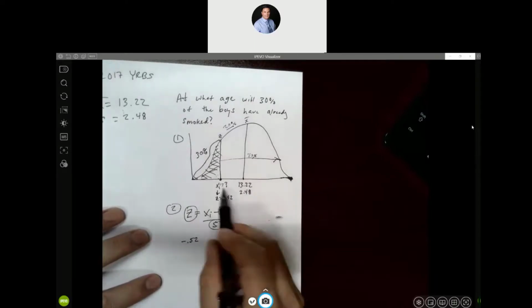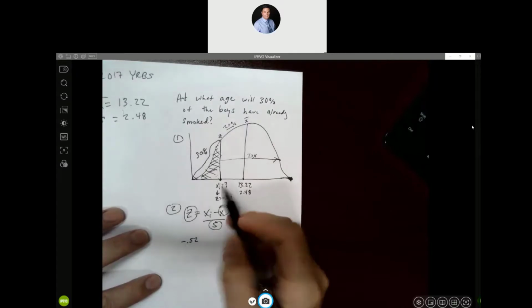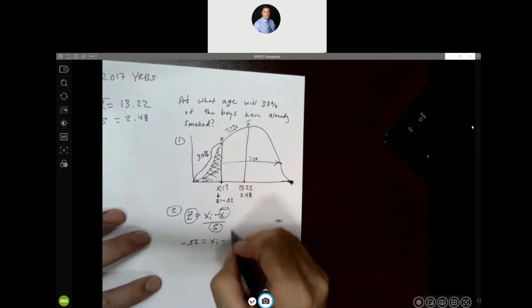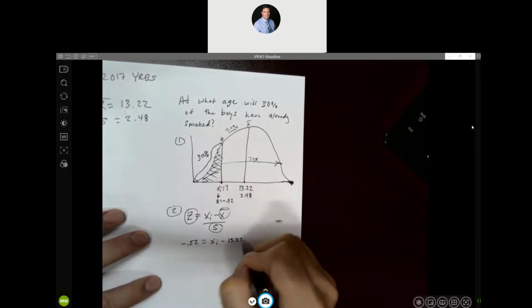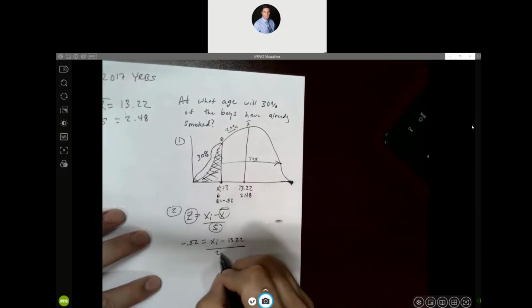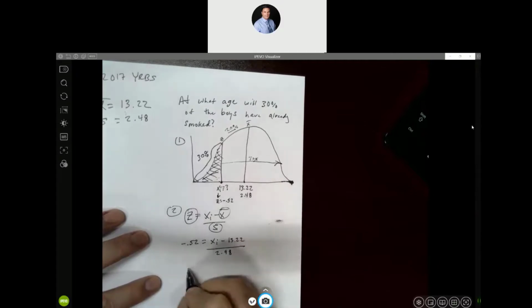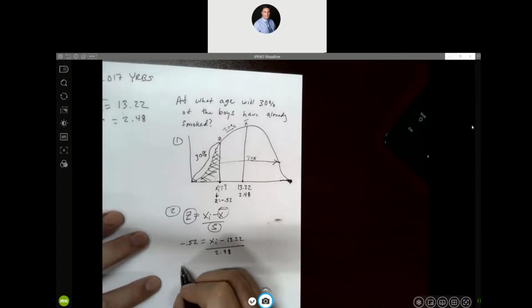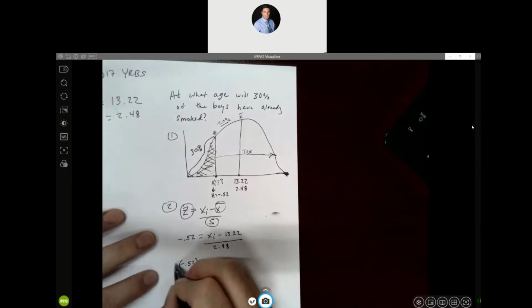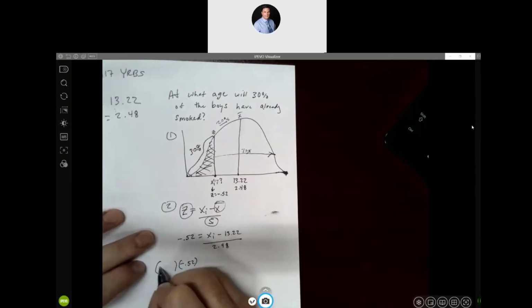That's my z-score for this x sub I, which is going to be equal to x sub I minus the mean, which is 13.22, divided by the standard deviation, which is 2.48. I keep working that out, by multiplying both sides by the denominator.